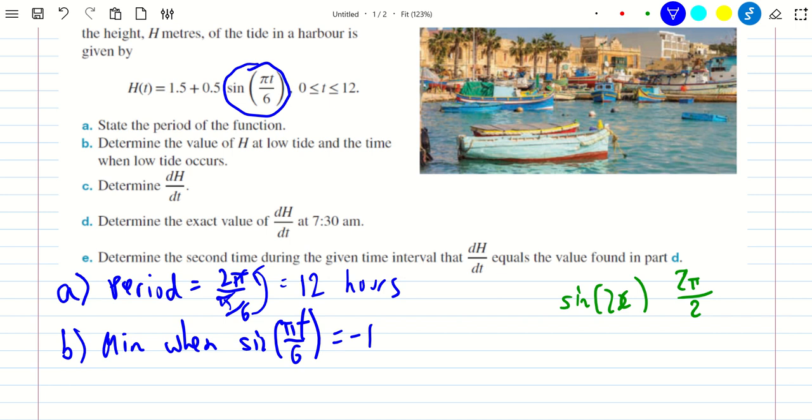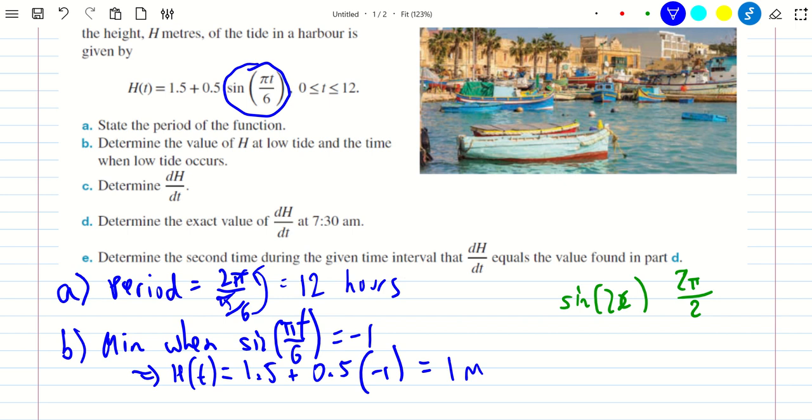So you're going to get a minimum when that is equal to -1. Therefore h(t) will be equal to 1.5 + 0.5 × (-1). So that's 1.5 take away 0.5, which is equal to 1 meter. That means the lowest height that the tide will get to is 1 meter.